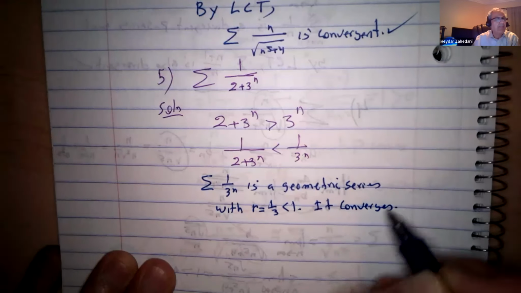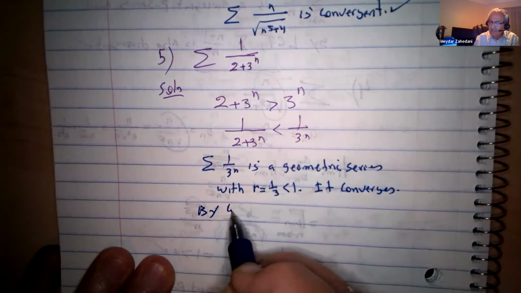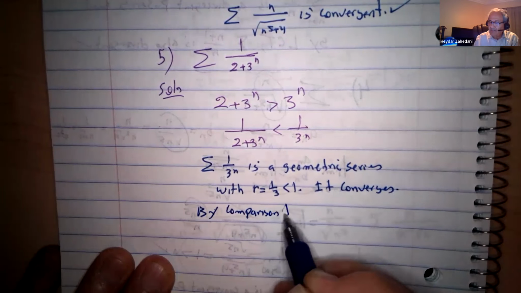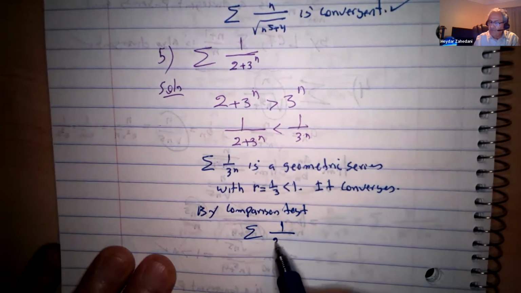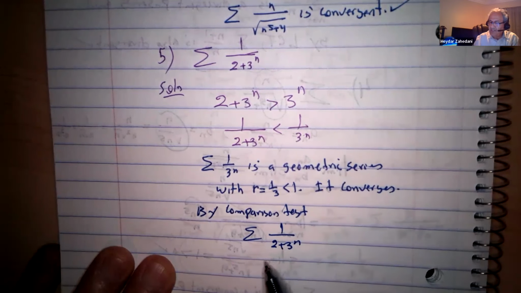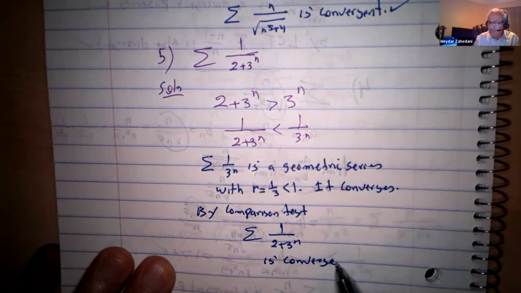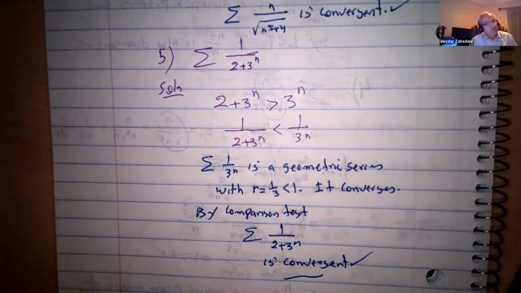You see? So by comparison test, the given series, sigma of 1 over 2 plus 3 to the n is convergent. You see, when it's a geometric series, this is the way you are going to take care of it. Excellent test, very good one.